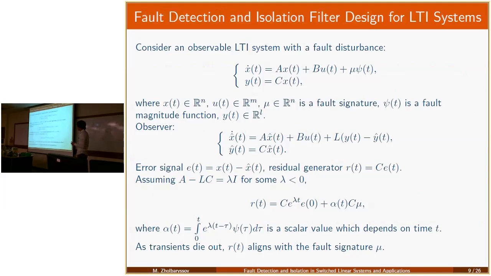With a single observer, we can detect this fault disturbance. We can construct an observer whose error signal will converge to 0 when there is no fault, given that our state estimator matrix, which is A minus LC, has stable eigenvalues. And when there is a fault disturbance, the residual generator will align with the fault signature mu.